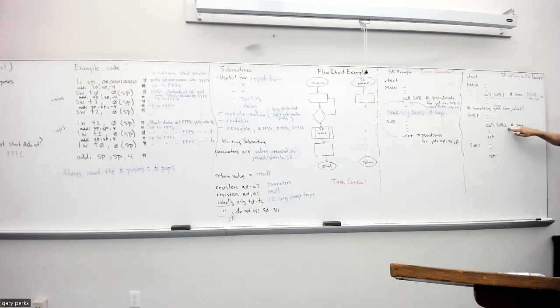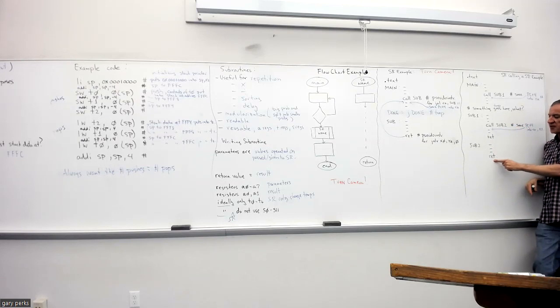So again, at this call, it's going to save the address of this instruction right after that call. Now it goes into subroutine 2, it does whatever instructions are here, and then it hits this return.